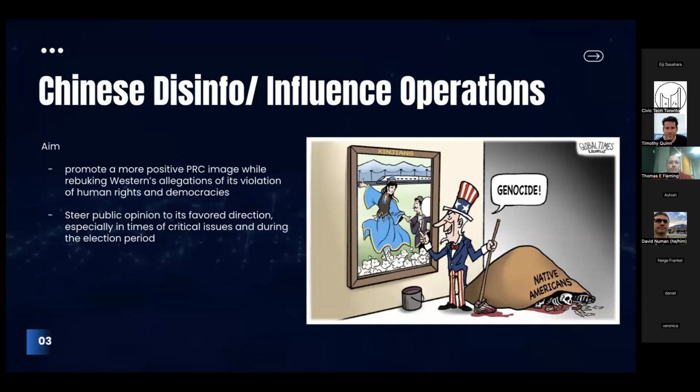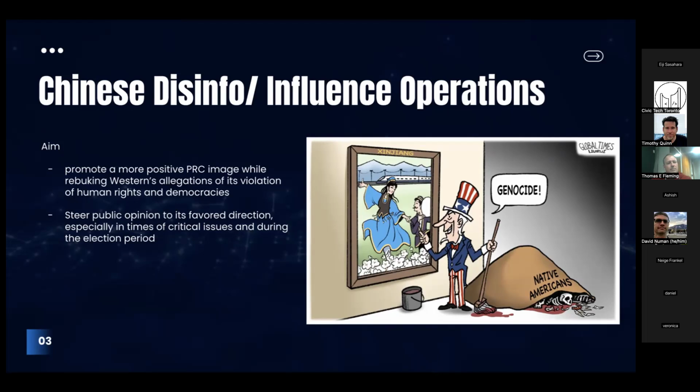To begin with, perhaps we can talk about what Chinese disinformation and influence operations actually target, or what they want to achieve. Generally speaking, Chinese disinformation tries to promote a more positive image of China while rebuking Western allegations of its human rights violations and crackdown on democracy. Like this photo on the left, which is a meme published by the Global Times, a Chinese state media.